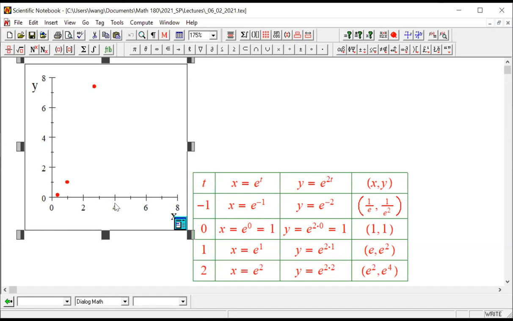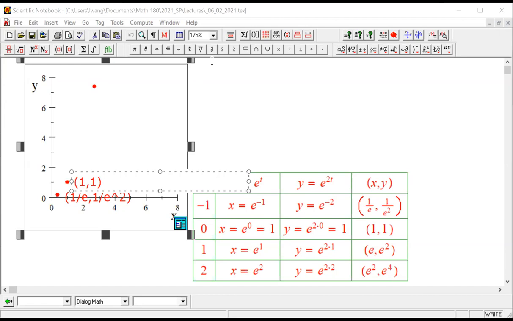So what we're going to do to mark those points, the first point we're going to mark is going to be what? 1 over e and 1 over e squared. Okay, you mark those points. The second point is 1, 1.